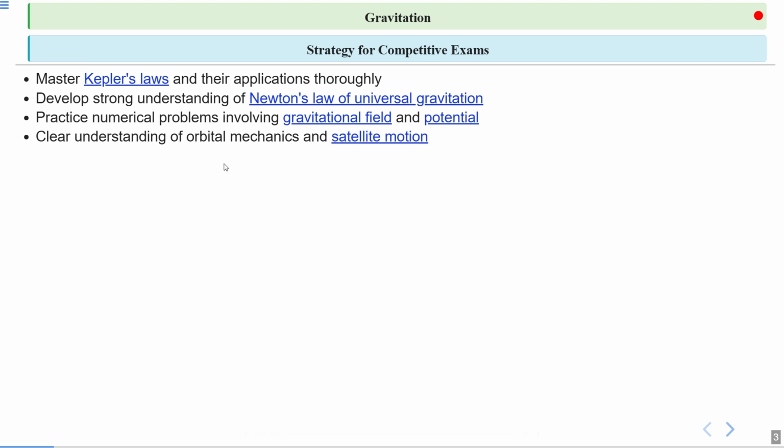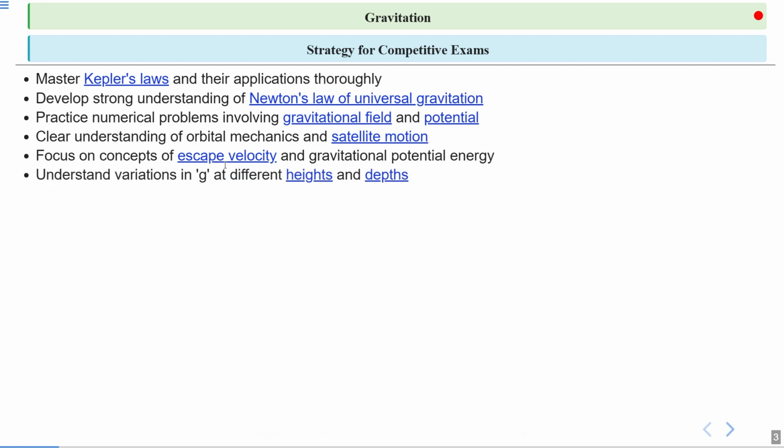Clear understanding of orbital mechanics and satellite motion. Focus on the concepts of escape velocity and gravitational potential energy. Understand variations in g at different heights and depths. Solve problems from past year JEE and NEET papers.